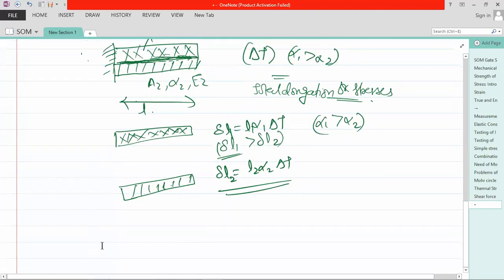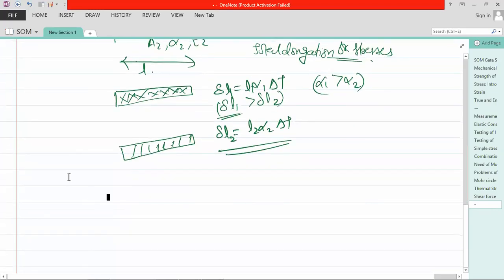Both will go side by side. So the condition is: the first part wants to move this much but ends up moving only this much, and the second part wants to move this much but will end up moving this much. Hence, the final length will be equal.